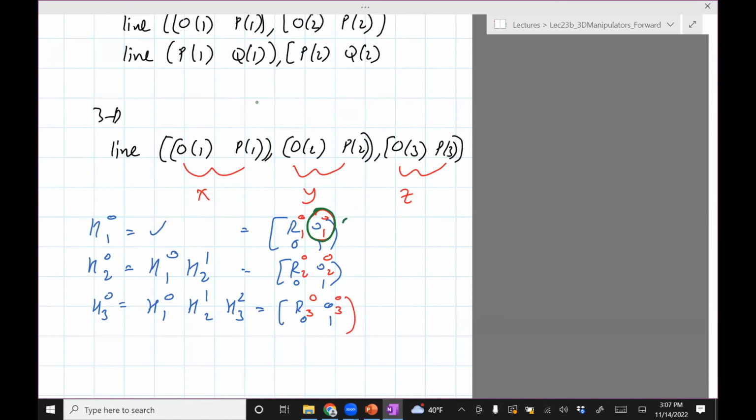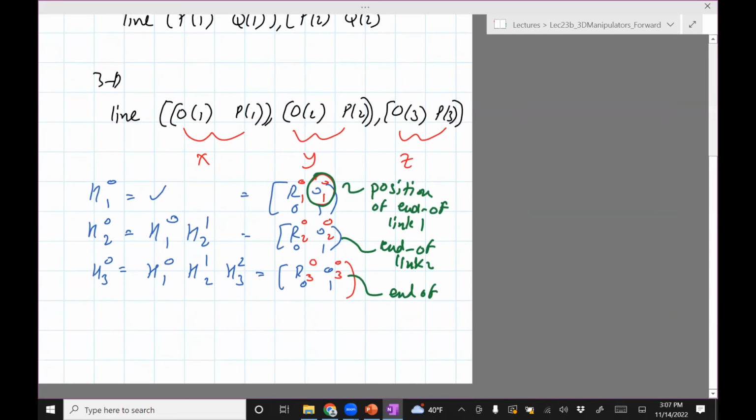This thing gives you the position of end of link 1. This is end of link 2. End of link 3. Okay, once you have that, this is what will go here.